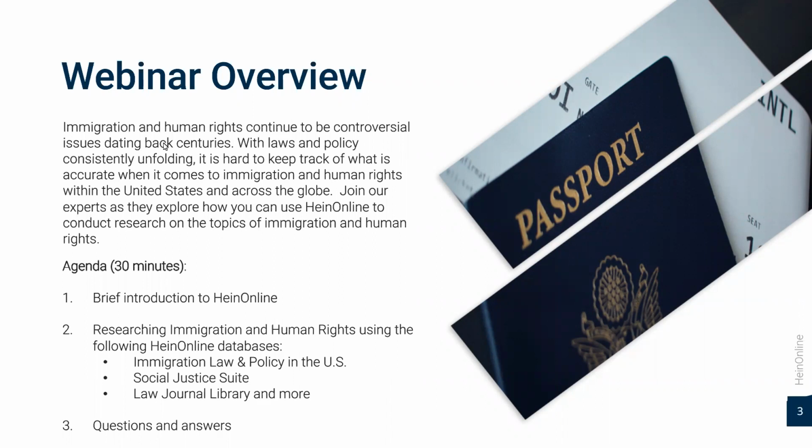So to get started, a brief introduction of HeinOnline. If you're not familiar with HeinOnline, it's an online legal research database, but so much more than just law, a multidisciplinary database, with over 200 million pages of content available across 100 plus databases. Key content includes journals.